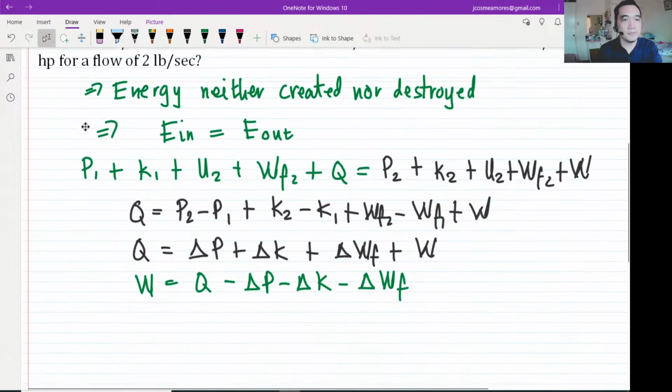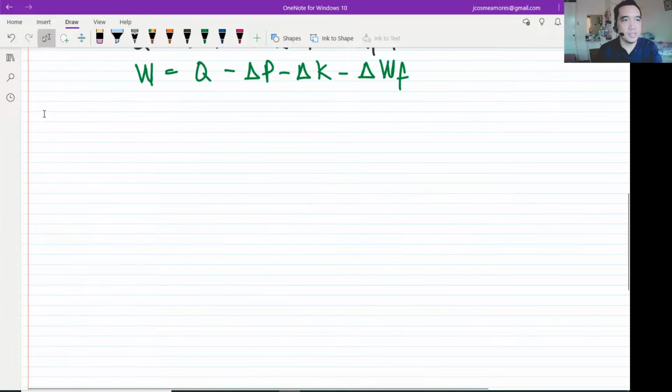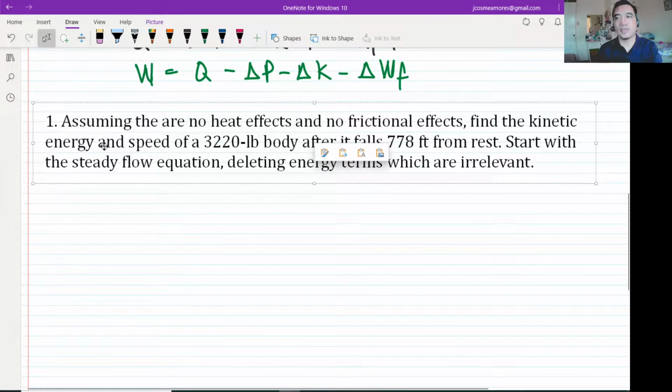Problem number one, I will paste that here. Assuming that there are no heat effects and no frictional effects, find the kinetic energy and speed of a 3,220 pound body after it falls 778 feet from rest. So we will start with the steady flow energy equation and delete terms which are irrelevant.